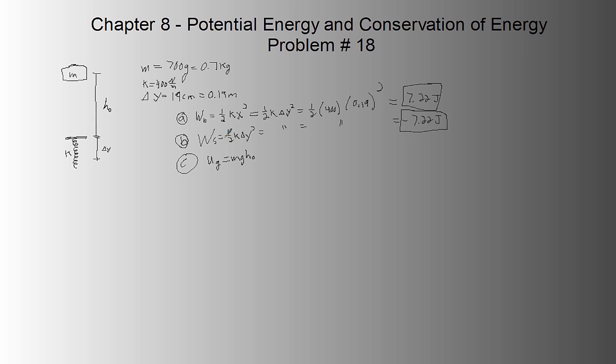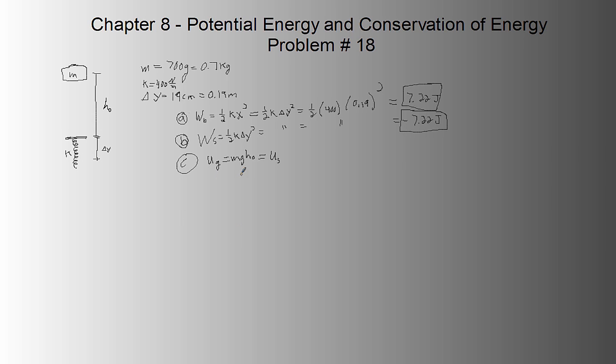We know what that is because we know how much work the block did on the spring. And so the gravitational potential energy up here equals the spring potential energy down here.